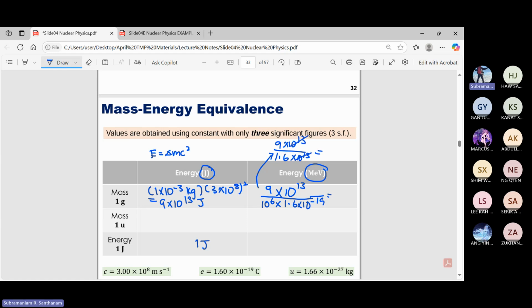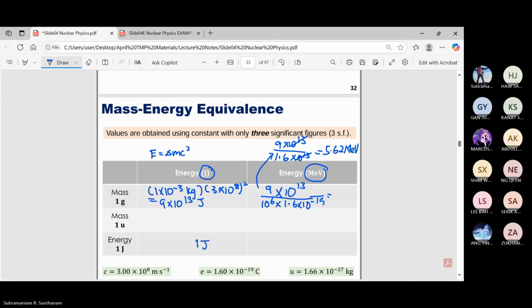So in this case, 9 divided by 1.6, what do you get? 5.62 MeV. So it is being simplified. 5.62 MeV is equivalent to 9 times 10 power of 13 joule.